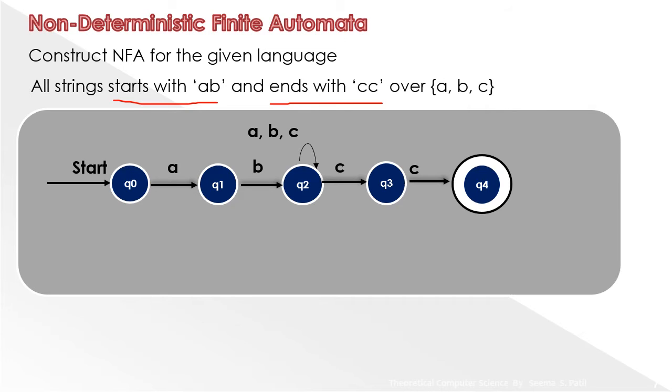This means the string starts with a, b, then there can be any number of a, b, c's and the string ends with c, c. This is the NFA for the given language, that is, all strings that start with ab and end with cc.